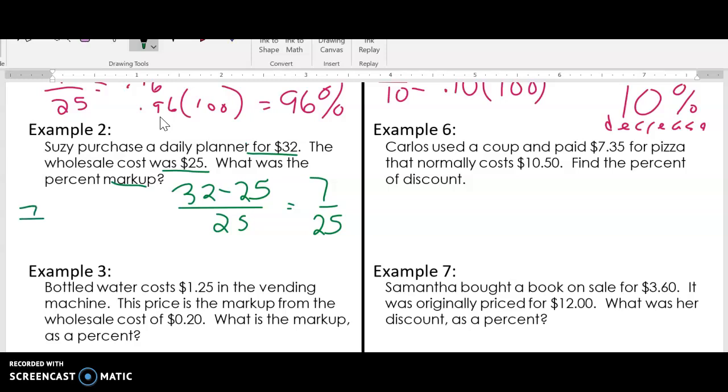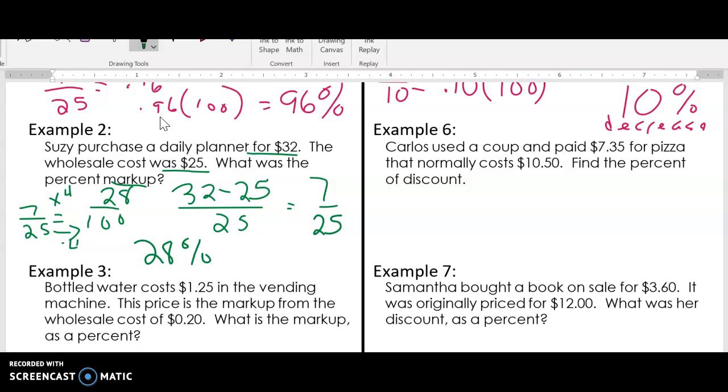Now once you have 7 over 25, I can go over 100. That's multiplied by 4, and this is multiplied by 4, which would give me 28. And so that's 28%. So the store makes 28% profit every time they sell a planner.